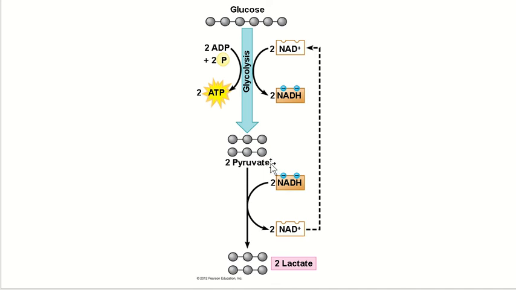So again, pyruvate is reduced, meaning to say it was able to obtain electrons, in this case from NADH. As pyruvate is reduced to lactate, NADH is oxidized to NAD+, so that there is still a continuous supply of NAD+ for glycolysis to produce ATP.